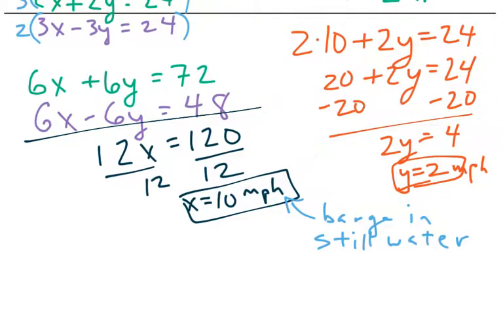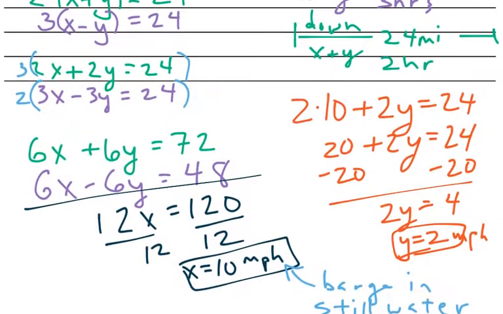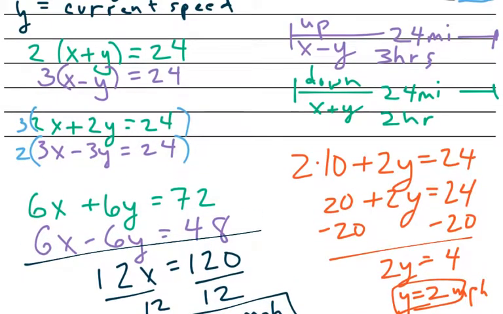And the reason that I advise it, and at any point you need to pause this to look at all the work you can, the reason I advise it is if that's 10 and 2, then plugging it back in lets you check your work. 10 plus 2 is 12, times 2 is 24, 10 minus 2 is 8, times 3 is 24.